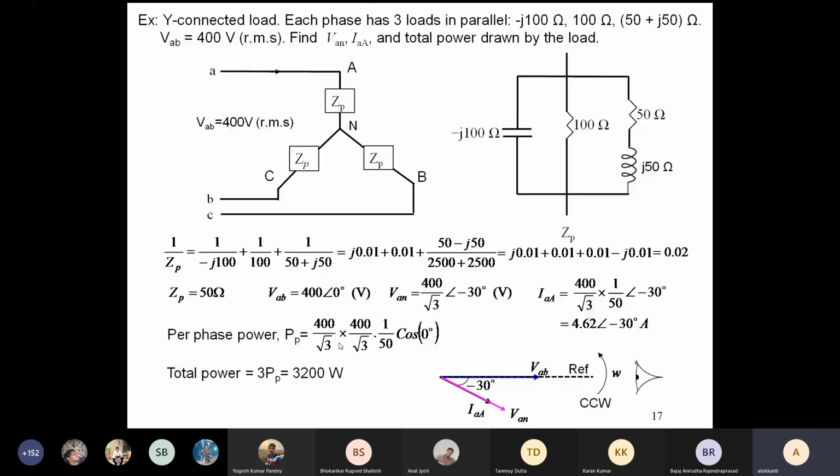But as soon as there is some angle, the answer will be wrong. So let us do another numerical, a little bit complex. I will give you 2 loads now.